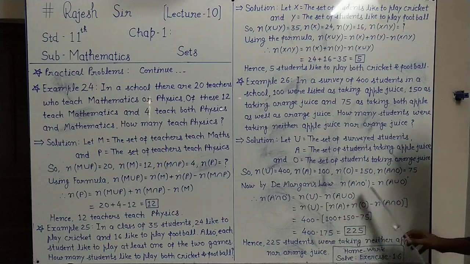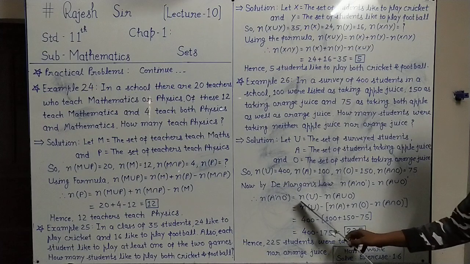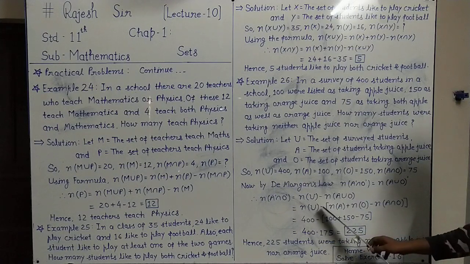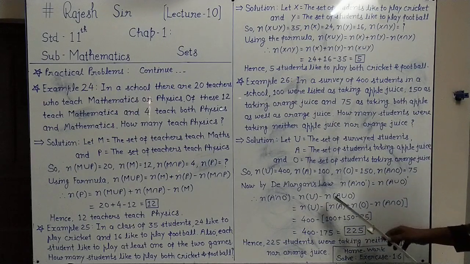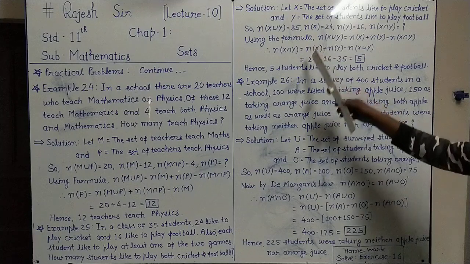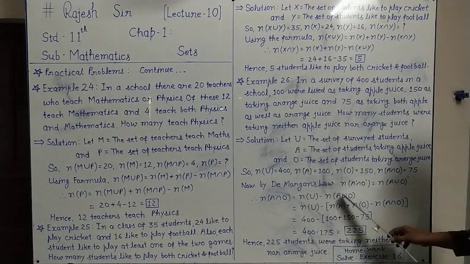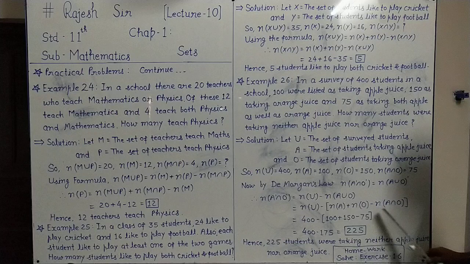By the formula, the whole dash can be replaced by universal set minus the set, so n(U) minus n(A union O). And n(A union O) we can write as n(A) plus n(O) minus n(A intersection O). That we have replaced now.